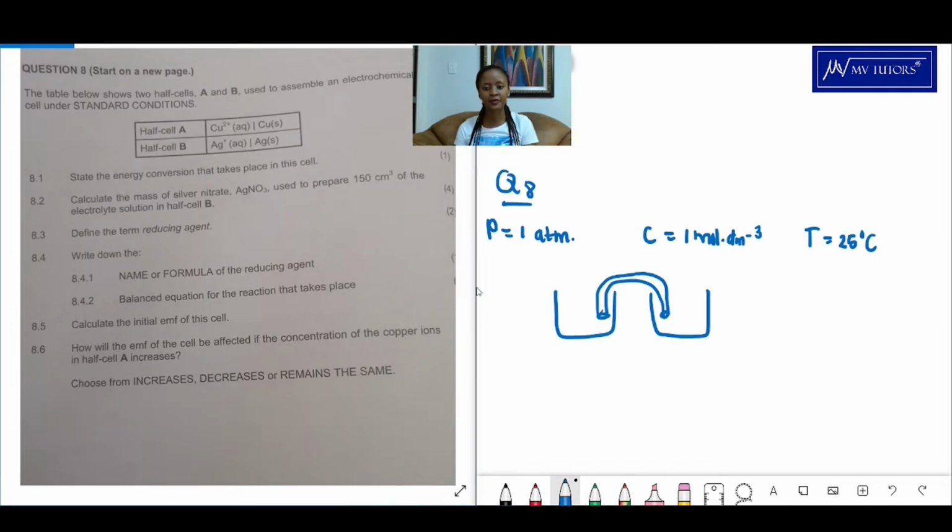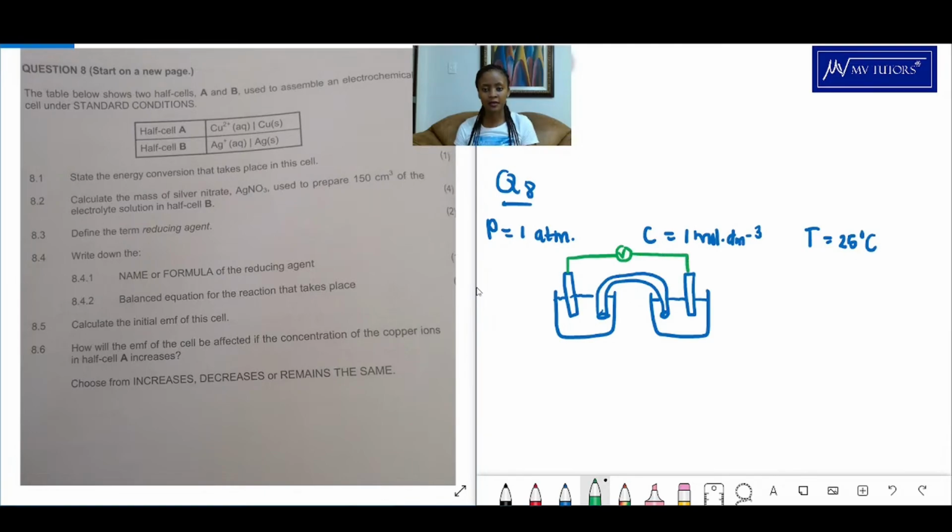Then you have the salt that's in the salt bridge, your electrode and your electrode as well, and your electrolyte over there. Then you have your connecting wire with your voltmeter reading.